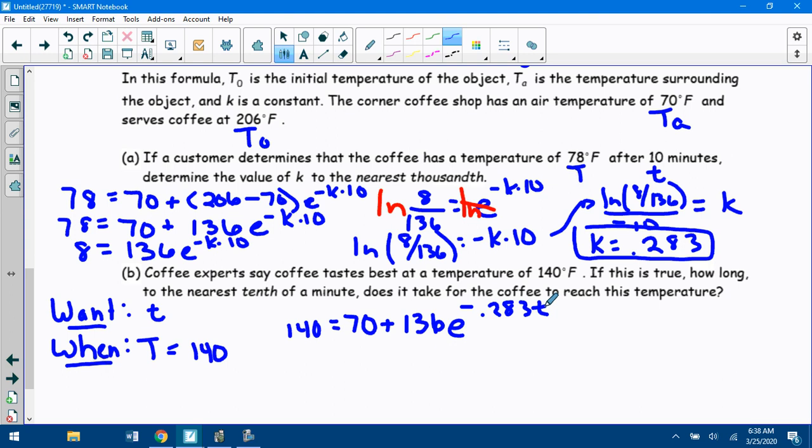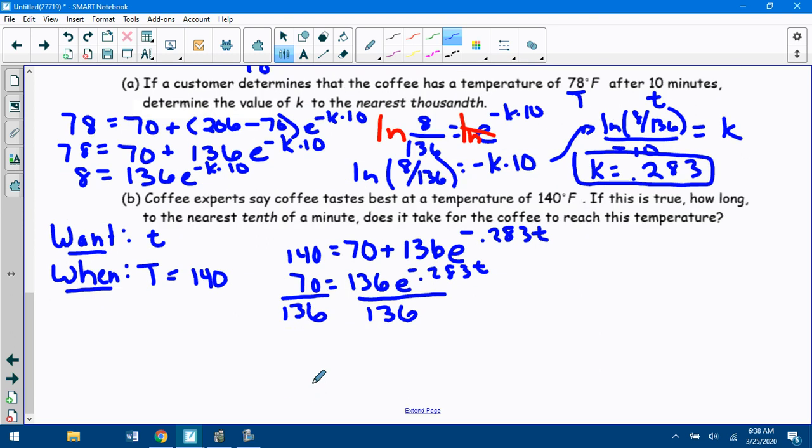And then solving this is basically the same. What's my first step? Right, subtract 70. So if I subtract 70, I'll get 70 equals 136 e to the negative 0.283 t. Then what? Always got to isolate the exponential, so divide by 136. So 70 over 136 equals e to the negative 0.283t.